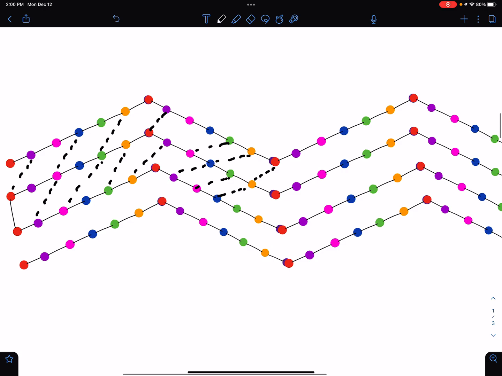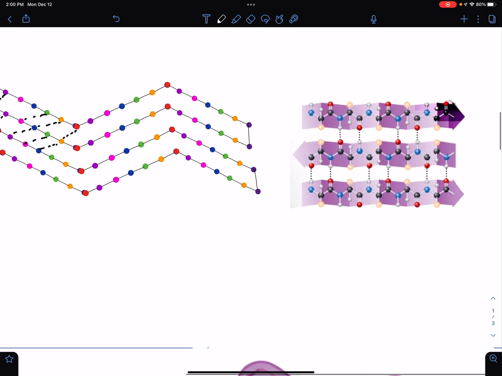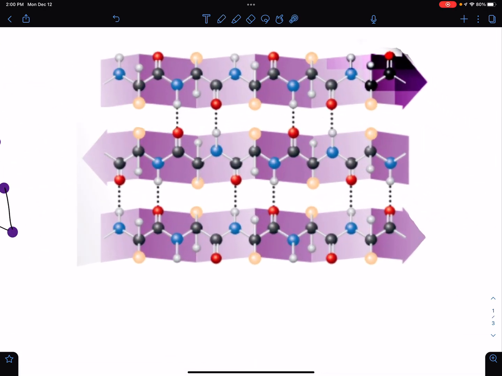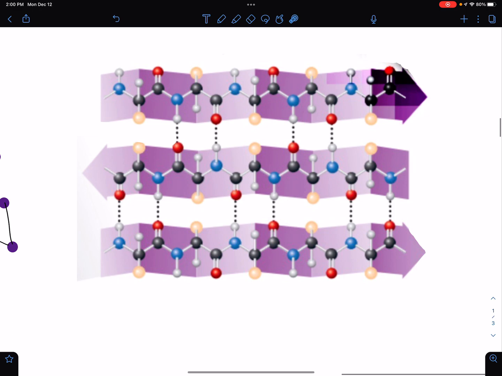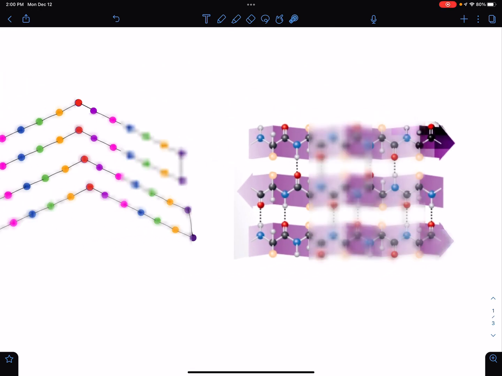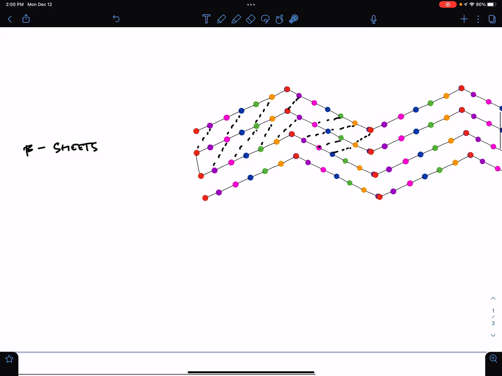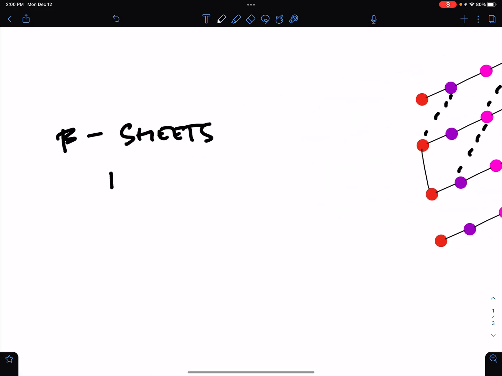You can see here are the hydrogen bonds between the amino terminus of one amino acid with a carboxyl group of another amino acid, or what was once a carboxyl group. So these beta sheets are also held in place by hydrogen bonds.